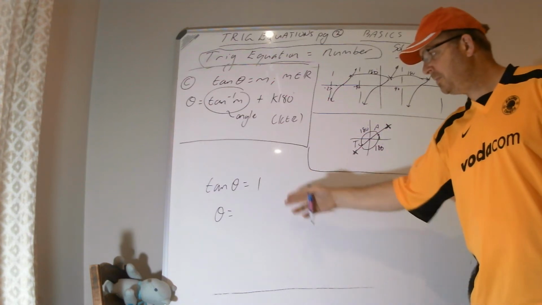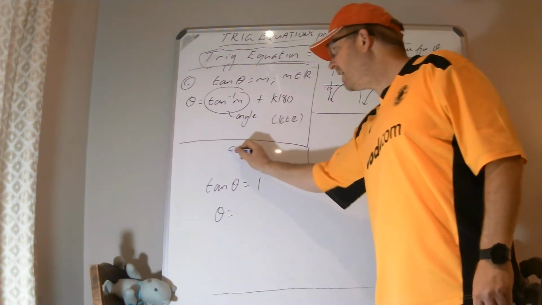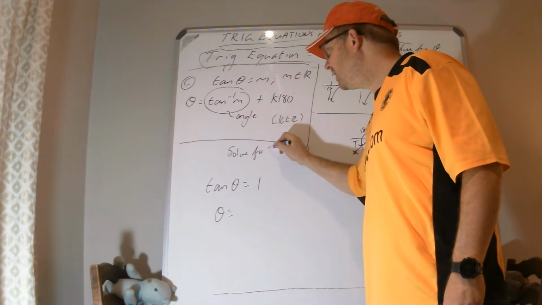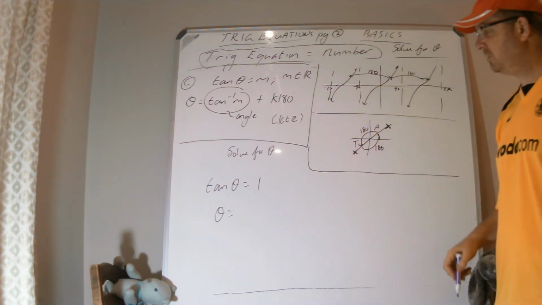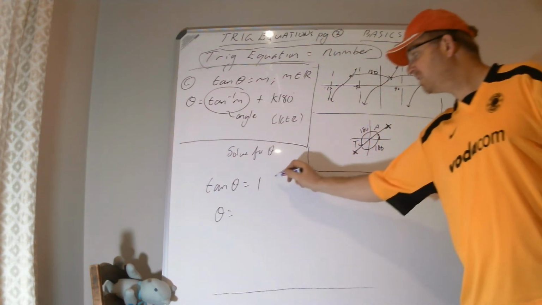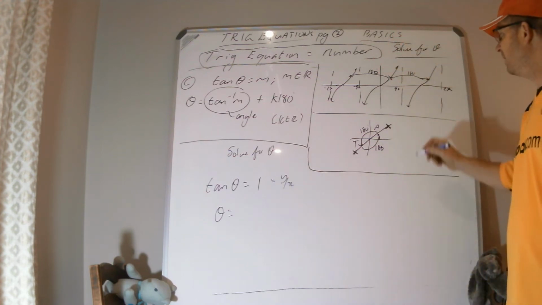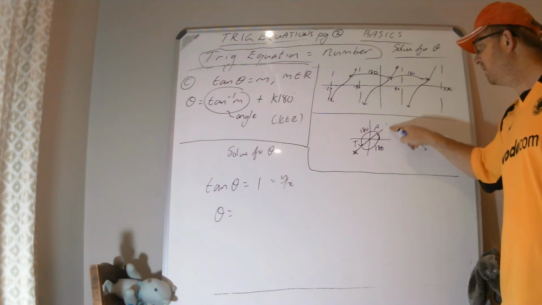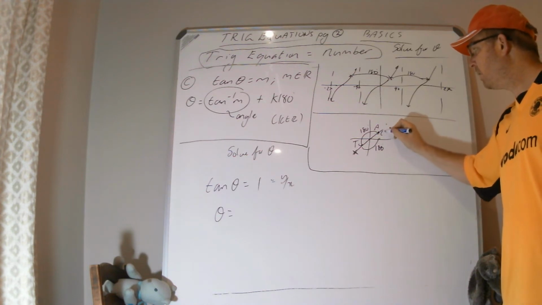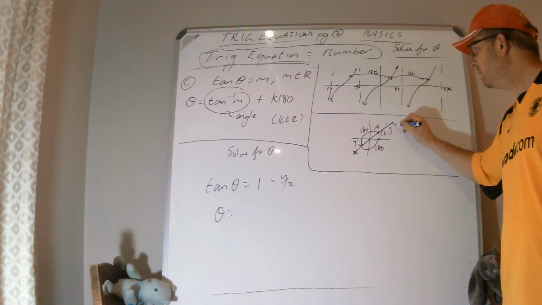So let's quickly do this one. Solve for theta, and if we said tan theta is equal to 1, you should be able to do this without a calculator, because what's it saying? It's saying the y coordinate and the x coordinate are the same. So we could have 1, 1, we could have 2, 2, whatever.